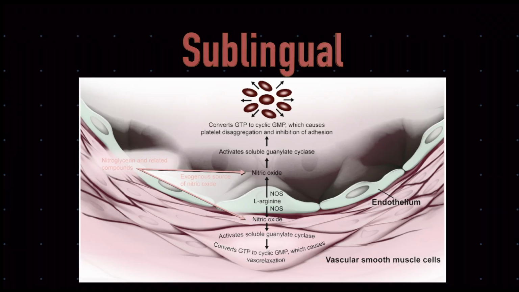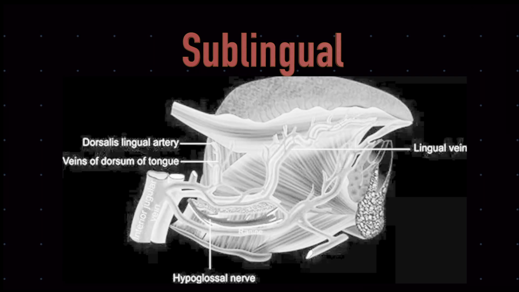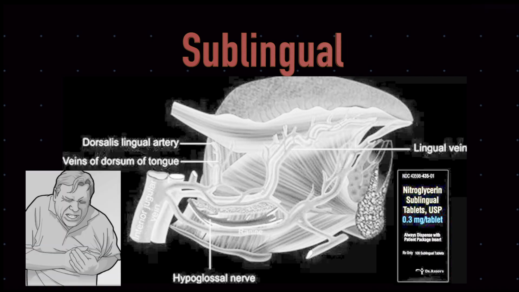Drugs placed under the tongue dissolve and are absorbed through the mucosal lining of the mouth, directly entering systemic circulation via veins that bypass the liver. This route avoids the first-pass hepatic effect almost entirely, allowing rapid onset of action with greater bioavailability. Example: nitroglycerin is commonly given sublingually to quickly relieve angina without loss of efficacy from hepatic metabolism.